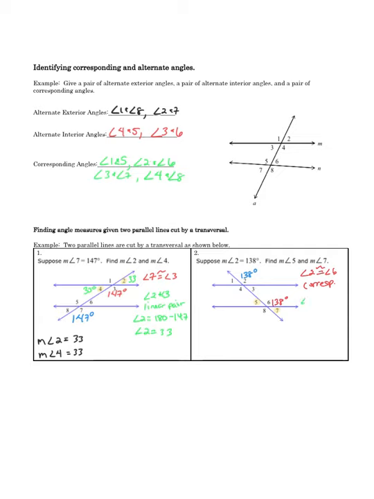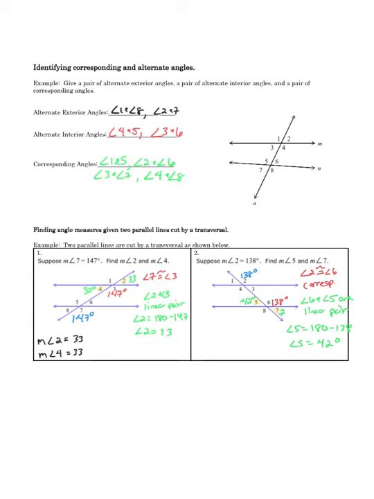We know angle 6 and angle 5 are a linear pair, so angle 5 equals 180 minus 138. Angle 5 equals 42 degrees. And we know 5 and 7 are vertical, so they are congruent.